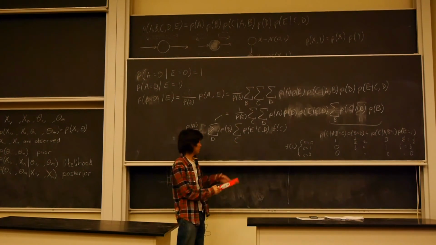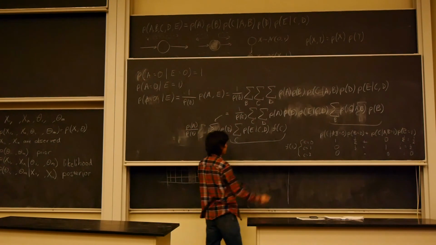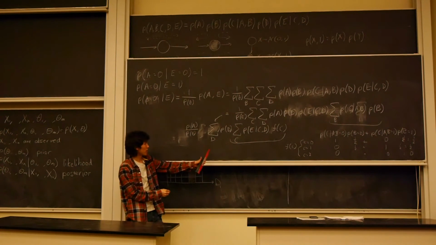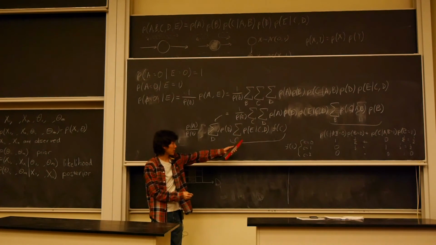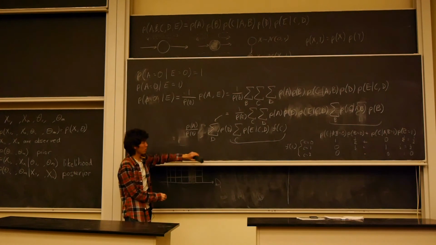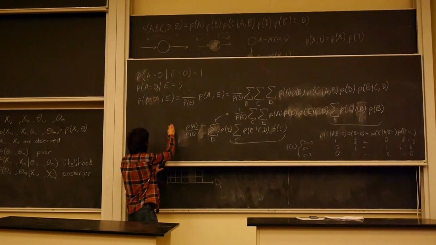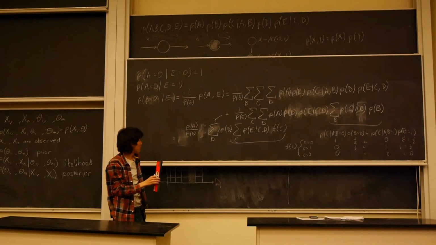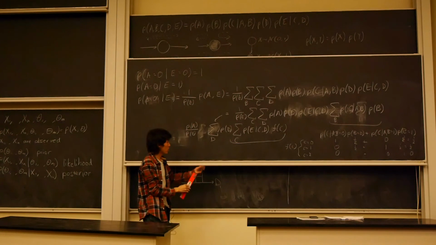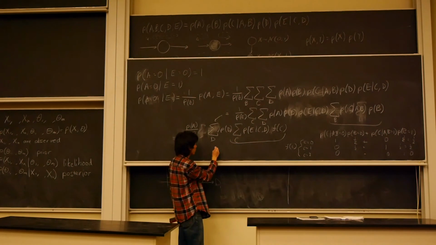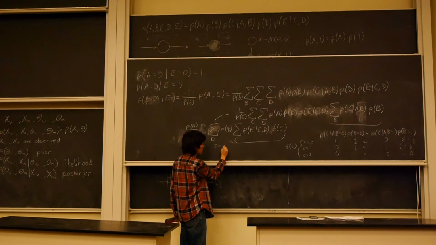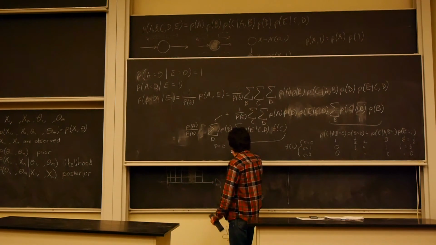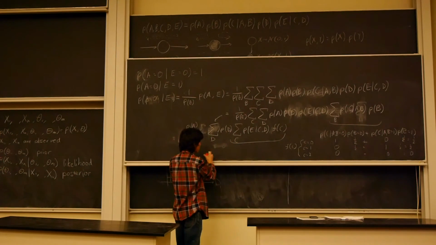So let's just compute this term, this now. So this depends on a couple things. Depends on D, and we know E is 1, so we can just go with that. So when D is equal to 0, so let me write this out.